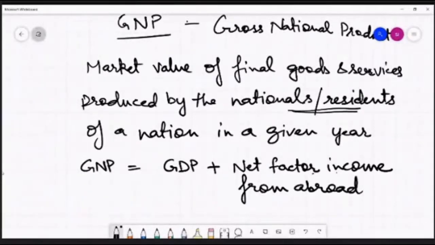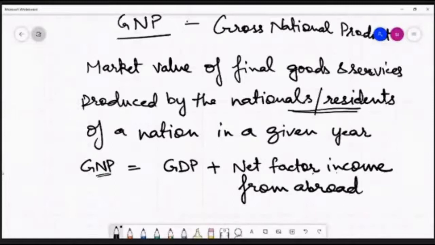So Indians working in other countries will be sending their income to India. And foreigners working in the country will be sending their money out. So there will be an inflow, there will be an outflow. So you take the net of that. You deduct outflow from inflow, or inflow from outflow, and that's how you get the GNP.